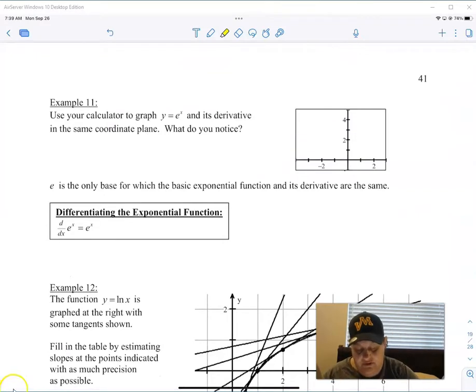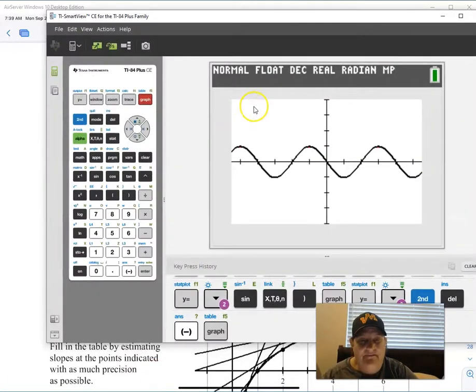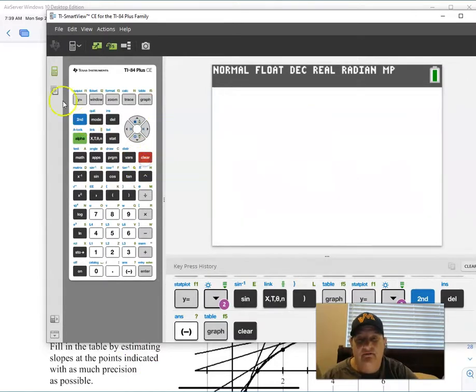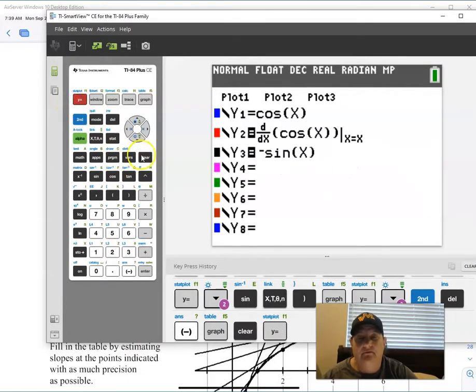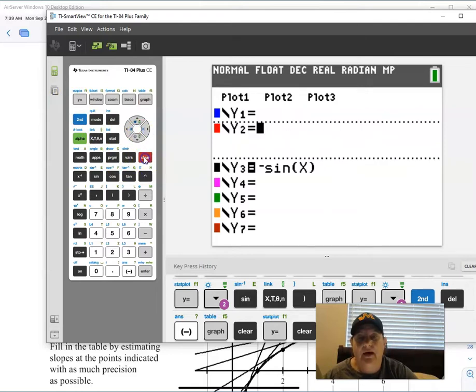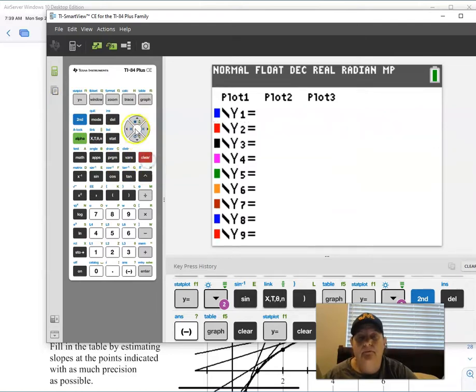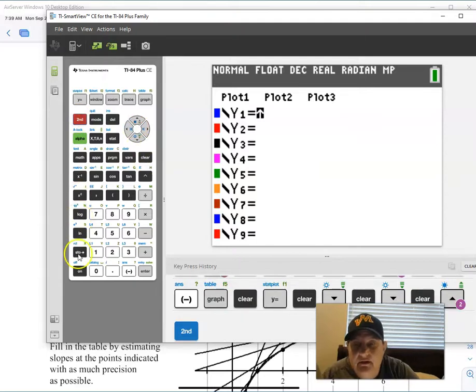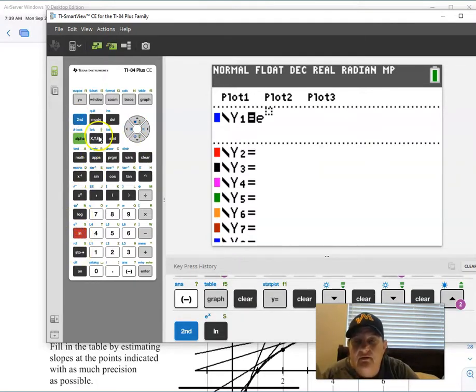Alright. Use your calculator, graph e to the x and its derivative. This is my favorite derivative, guys. Is that weird? Like, do people have favorite derivatives? I don't know. I do. Okay, so here's e to the x.